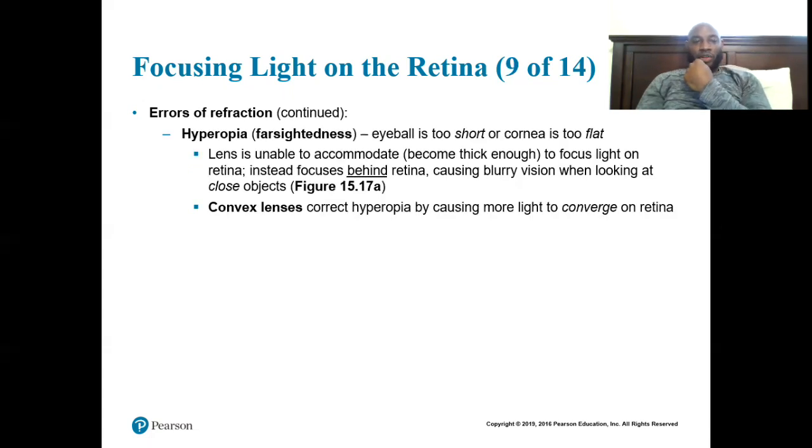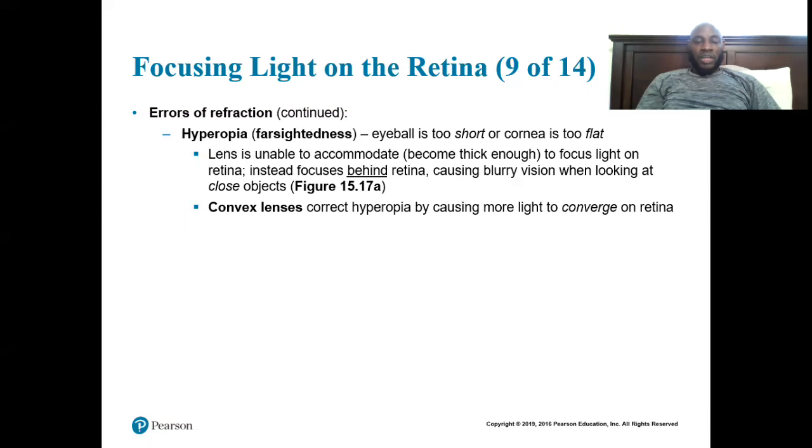Farsightedness, you also have hyperopia. Eyeballs too short or cornea is too flat. That would also change the way we see things. Lens is unable to accommodate to focus light on the retina. Instead, it focuses behind the retina, causing blurry vision when looking at close objects.